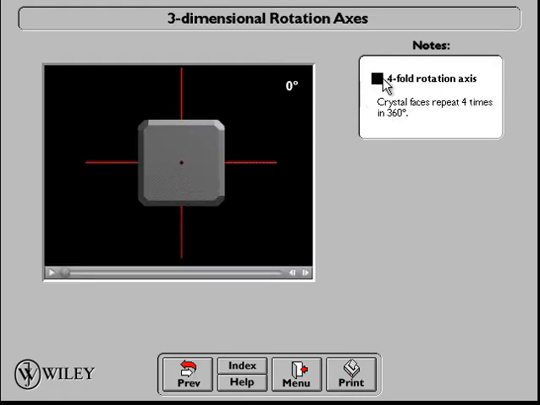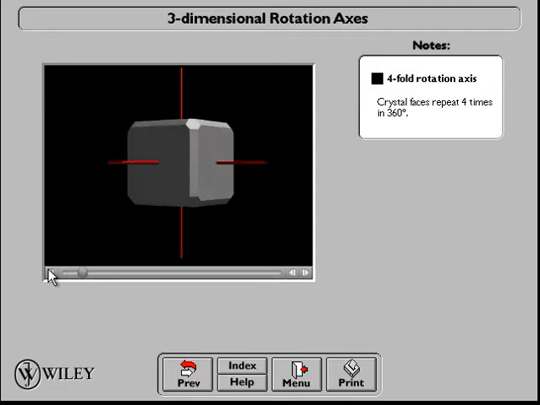We have here as the symbol the square, and the crystal faces will repeat 4 times in 360 degrees. Let us check if this is true.